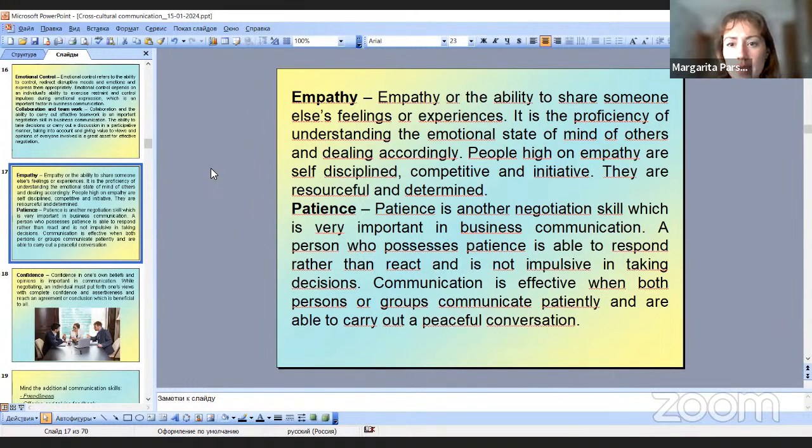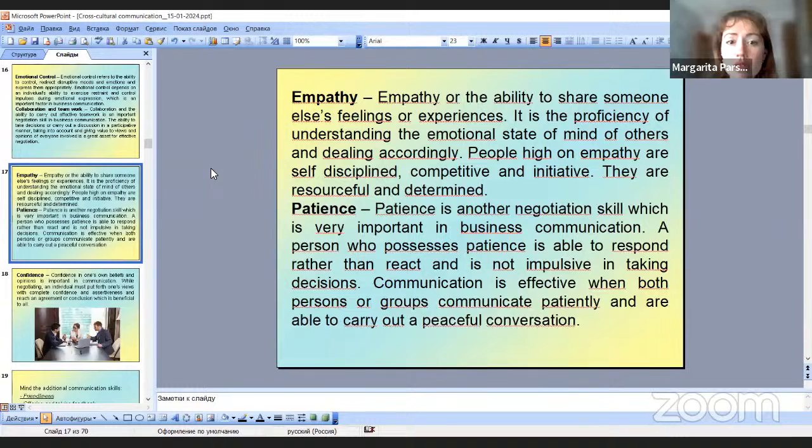In practice, people high on empathy are self-disciplined, calm, competitive, they take initiative, they're understandable, and they're very pleasant people. They are resourceful and determined. So we can say that this is a good communication skill also.